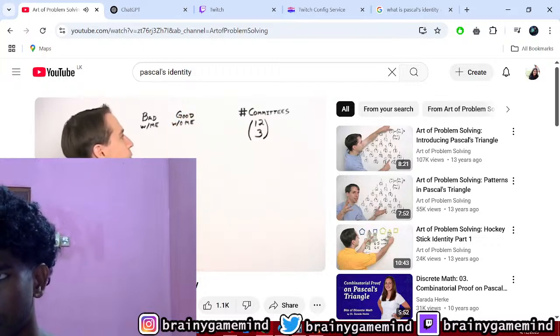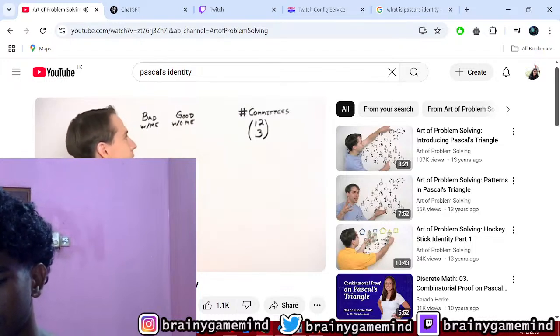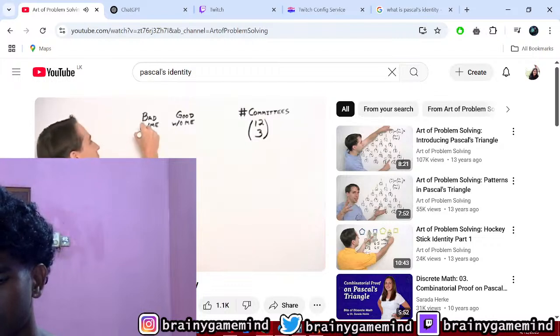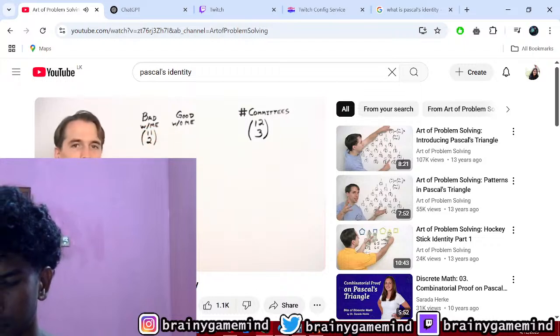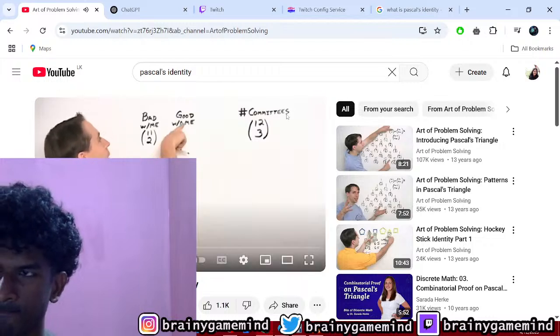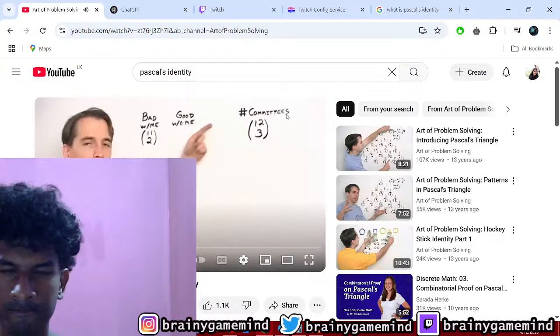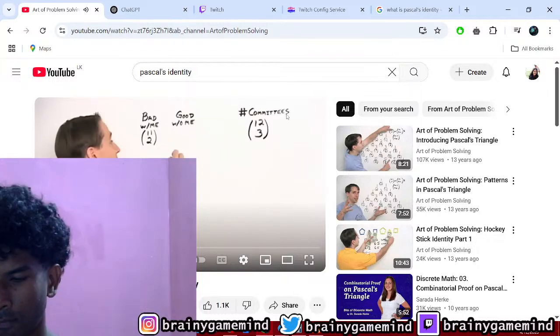So now let's see how many ways we can make a bad committee on committees and a good committee on committees. If it's a bad committee of 3 people, that means I'm one of the 3 people, but we still need 2 more. And there are 11 other people to choose from. So there are 11 choose 2 bad committees. Don't like any of those. That's just bad. How about the good committees? Well, if I'm not on the committee, there are still 11 people left to choose from. We have to get all 3.